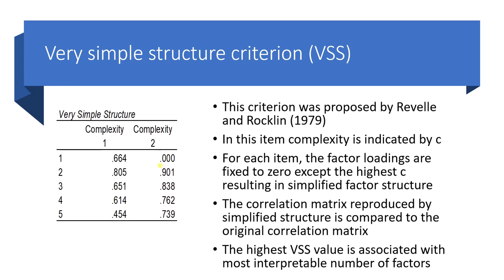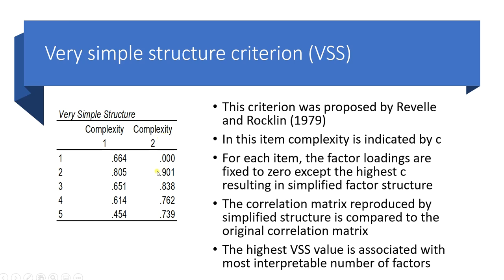I am just giving one example. So these are the calculations based on complexity level 1, and these are based on complexity 2. Let us observe the highest value for complexity 1 is 0.805. So according to this, the highest VSS value is 0.805 and it is associated with factor number 2. So we will retain two factors.